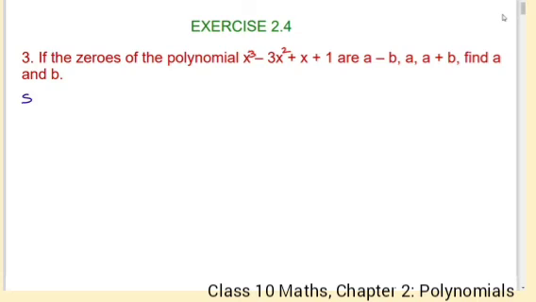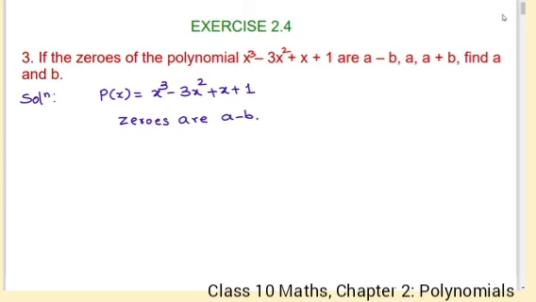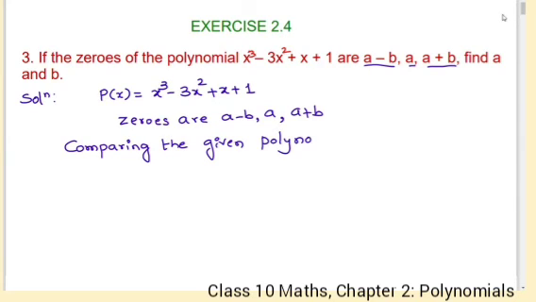Third one, if the zeros of the polynomial x cube minus 3x square plus x plus 1 are a minus b, a, a plus b, find a and b. Here write down p of x as x cube minus 3x square plus x plus 1. Zeros are a minus b, a, a plus b.